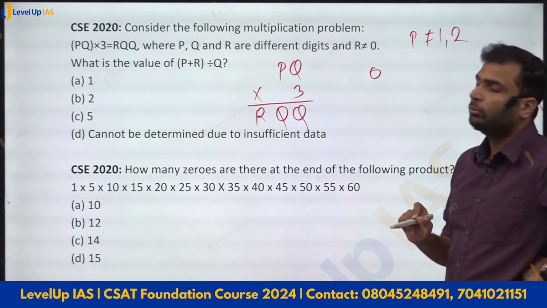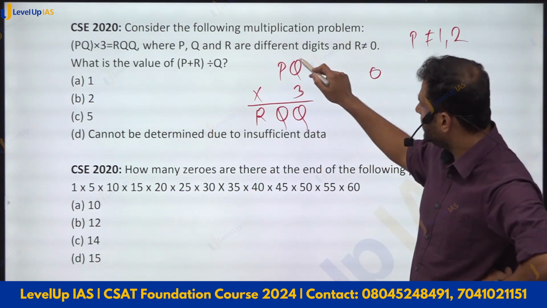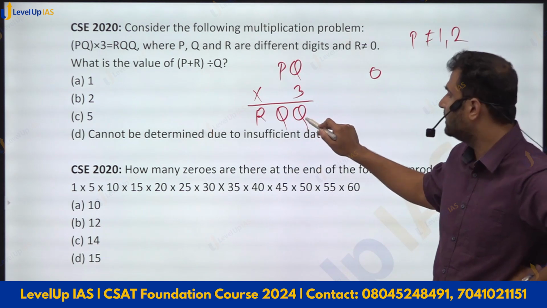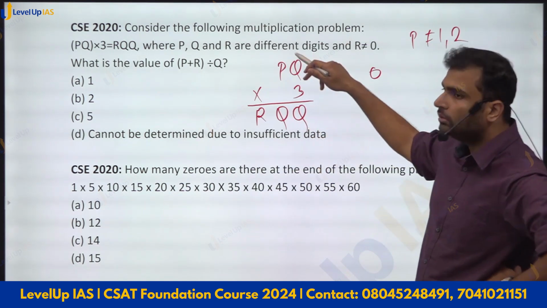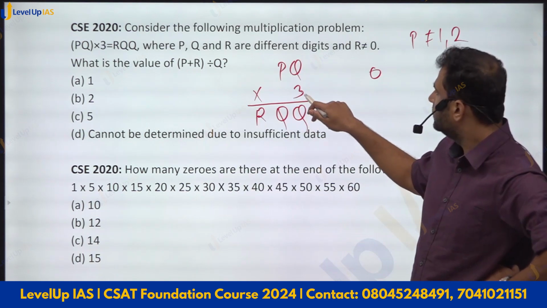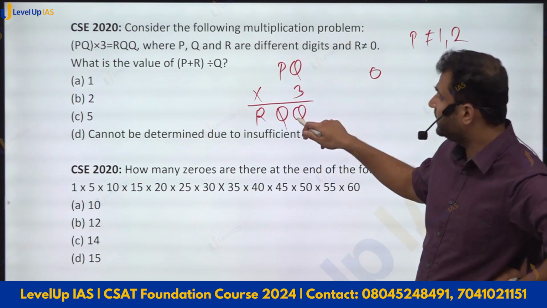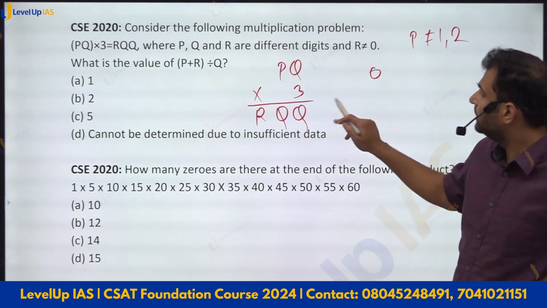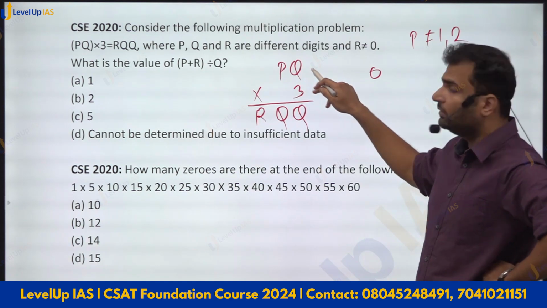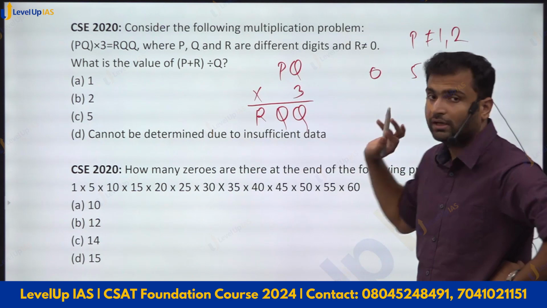No. The condition we are looking for is that 3 into that number should leave that number at the units place. 3 into 1, 3, we are not getting 1. 3 into 2, 6, not 2. 3 into 3, 9, not 3. 3 into 4, 12, not 4. 3 into 5, 15, that is allowed, right?